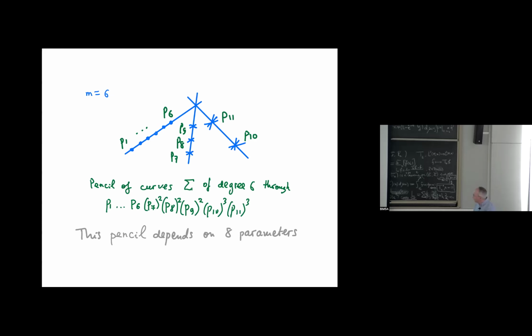And for m equals 6, what you get is, again, you could guess by now. Again, 3 lines. You need 6 points on one line, 3 double points, and 2 triple ordinary points on this line. Now you're looking for curves of degree 6, so sextics of geometric genus 1. And the genus will be 1 automatically if they pass through the points as written here.